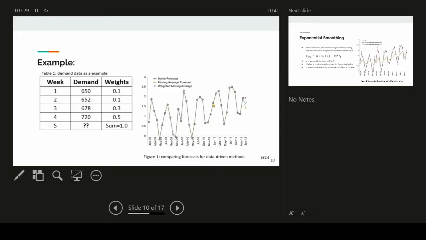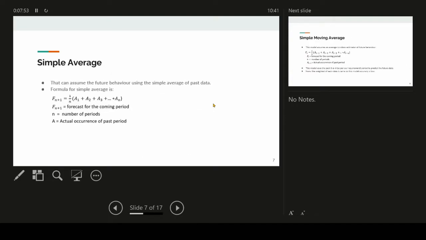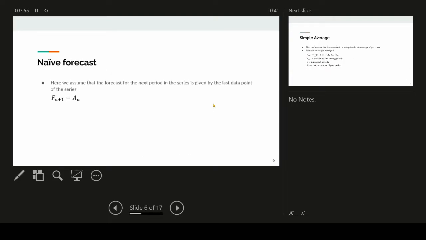In the naive forecast, the forecast is the same as the previous week. Here we see 720 is the previous week's data, so it forecasts the same as the previous week's data.